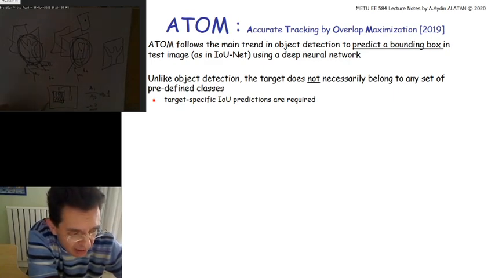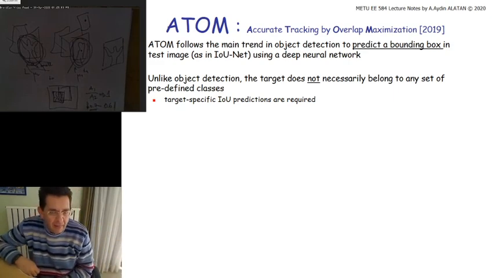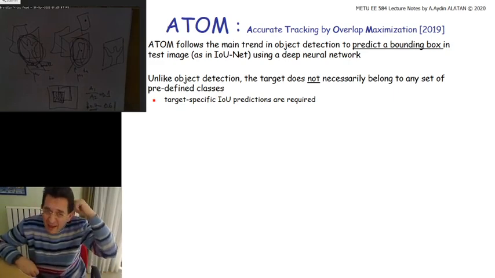What I'm saying is this: you will predict your intersection over union. You will predict this as 0.6. During training, you will try to minimize this error so that your network is predicting the intersection over union. That's a really good idea.